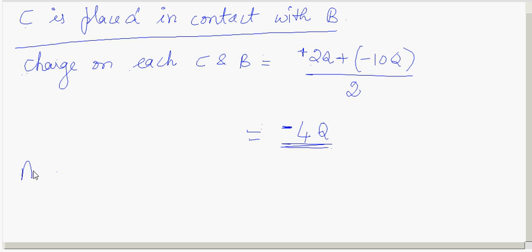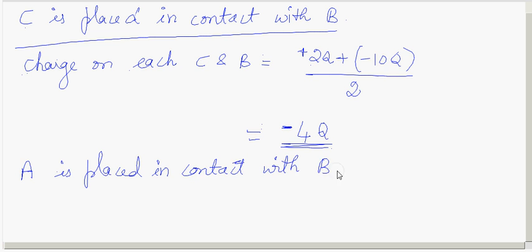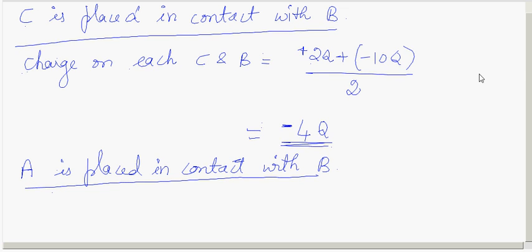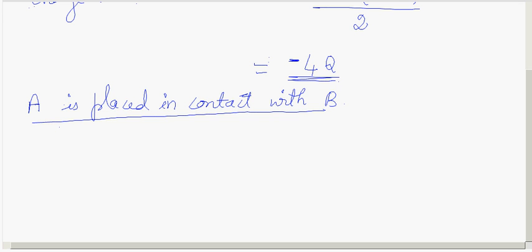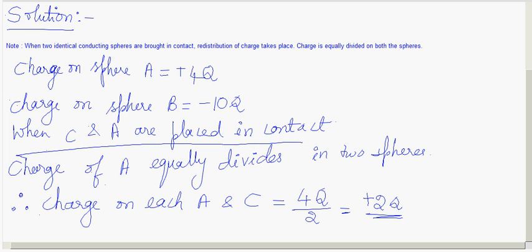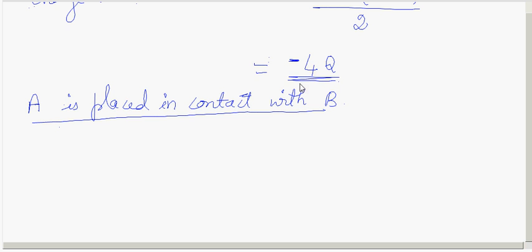So A is placed in contact with B. The first initial charge was plus 4q, and after C was brought in contact with A, the new charge on A is plus 2q and the new charge on B is minus 4q.